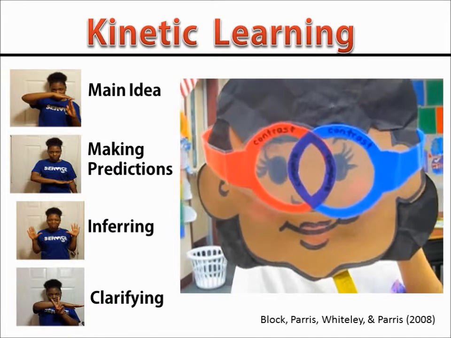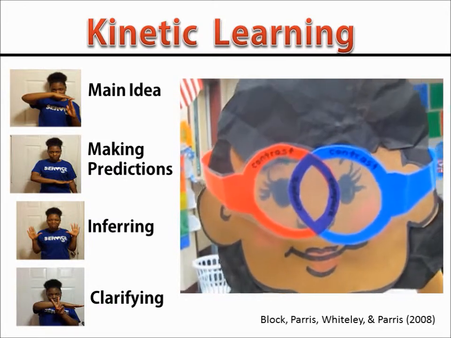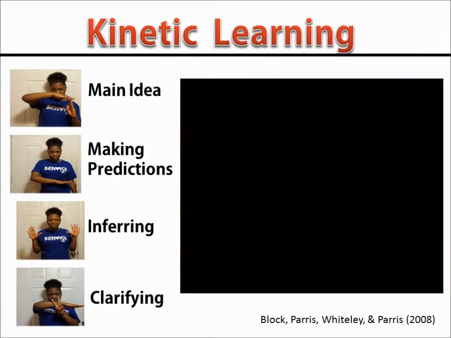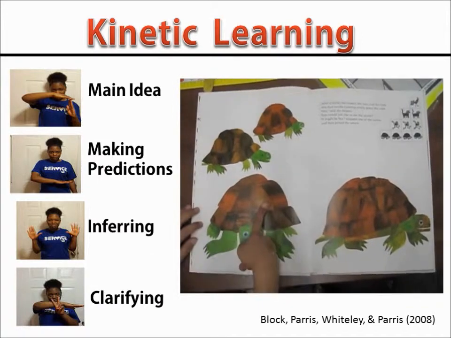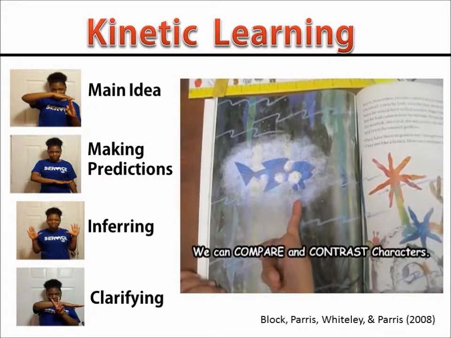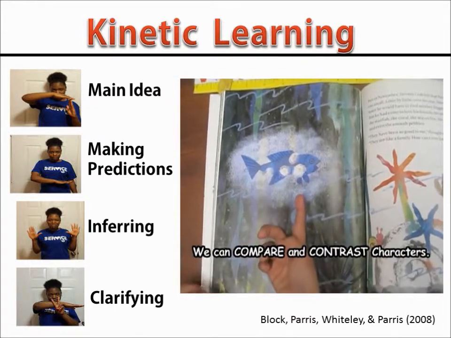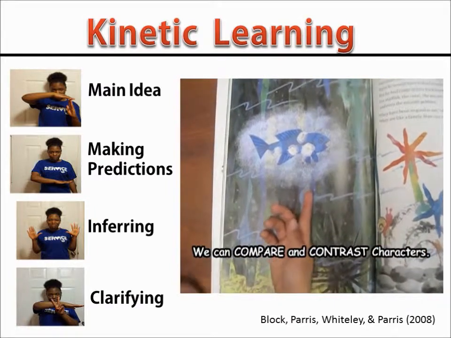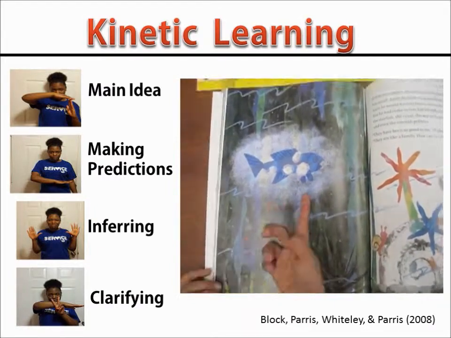I can compare and contrast lots of things in a story. This story's characters are turtles. In contrast, this story's characters are fish. The characters are the same because they're both animals.